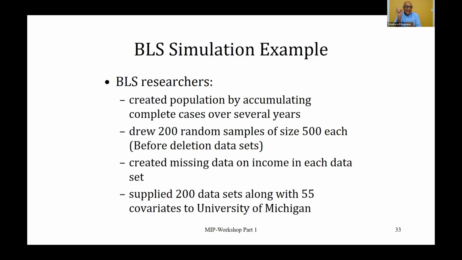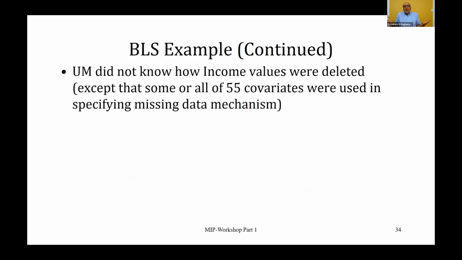Then they secretly created missing data on the outcome in each data set and supplied the 200 data sets along with 55 covariates to me, at the University of Michigan. UM did not know how income values were deleted, except that some or all of these 55 covariates were used in specifying the missing data mechanism.